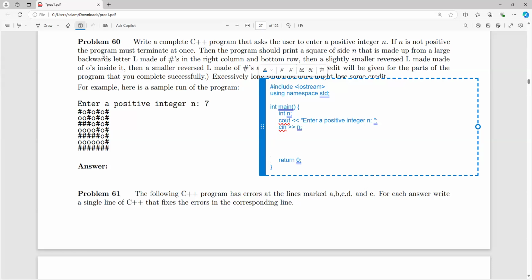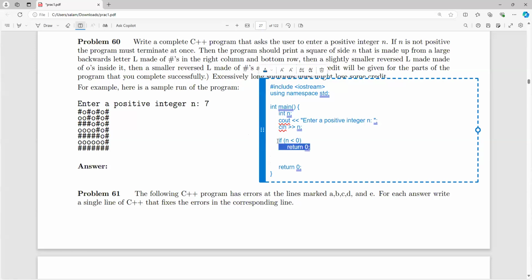If n is not positive, the program must terminate at once. So if n is less than 0, then what do we do? Return 0. This will terminate the program. Okay, so that's the easy part.